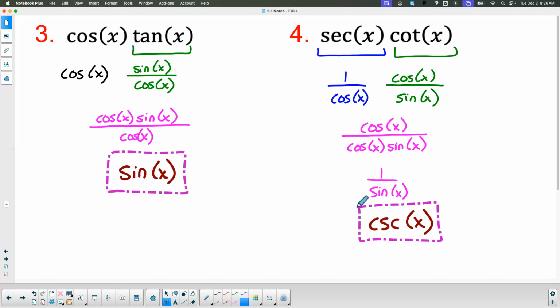This one I would allow. This one I wouldn't want to see. Because you could have just done this. Yes, I see that. Right from there.